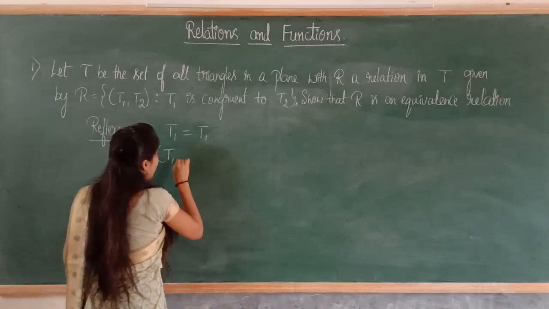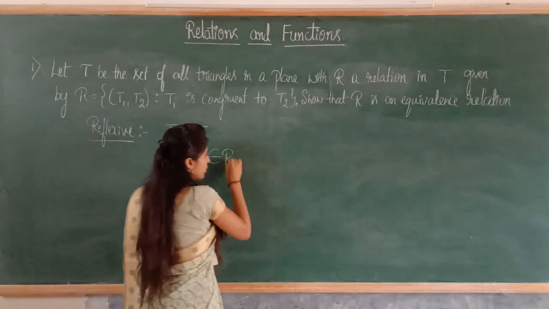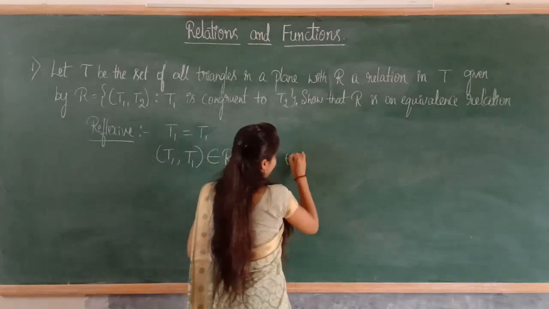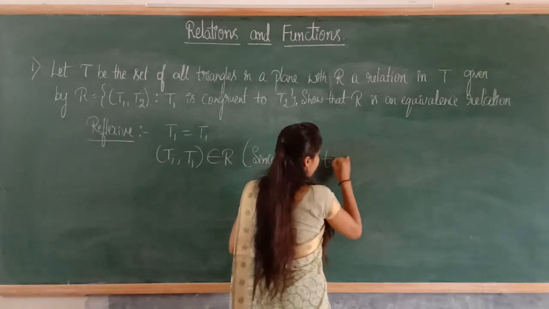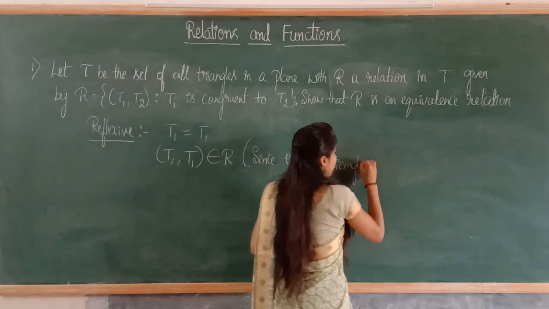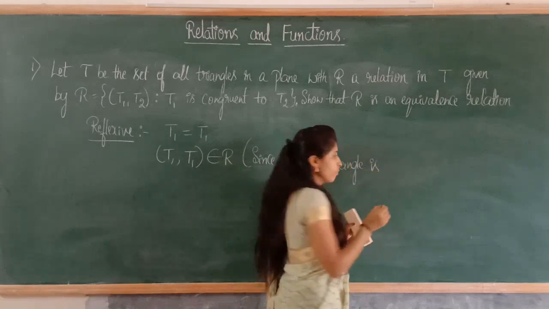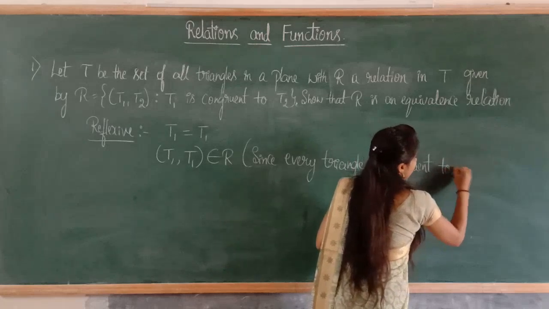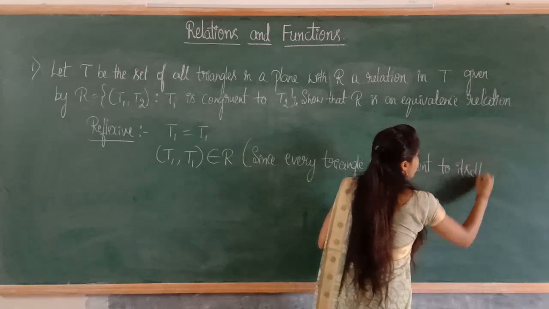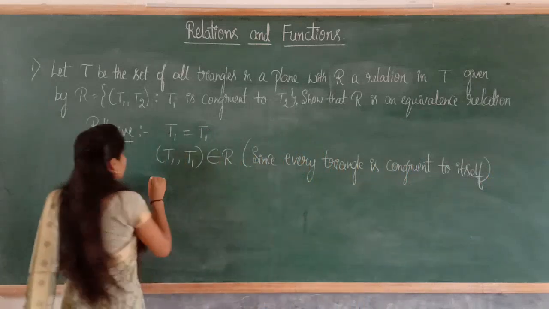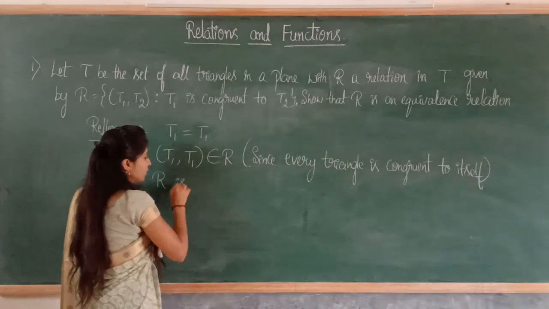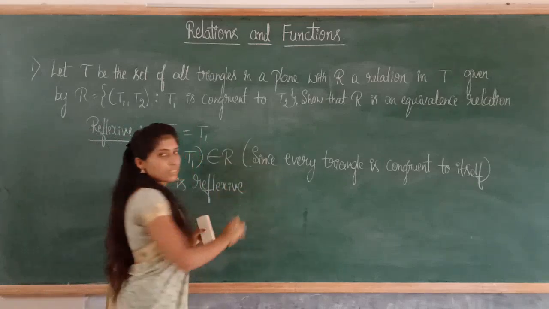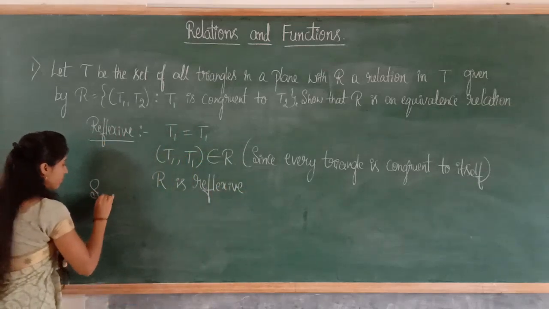So (T1, T1) belongs to R, since every triangle is congruent to itself only. So R is reflexive.